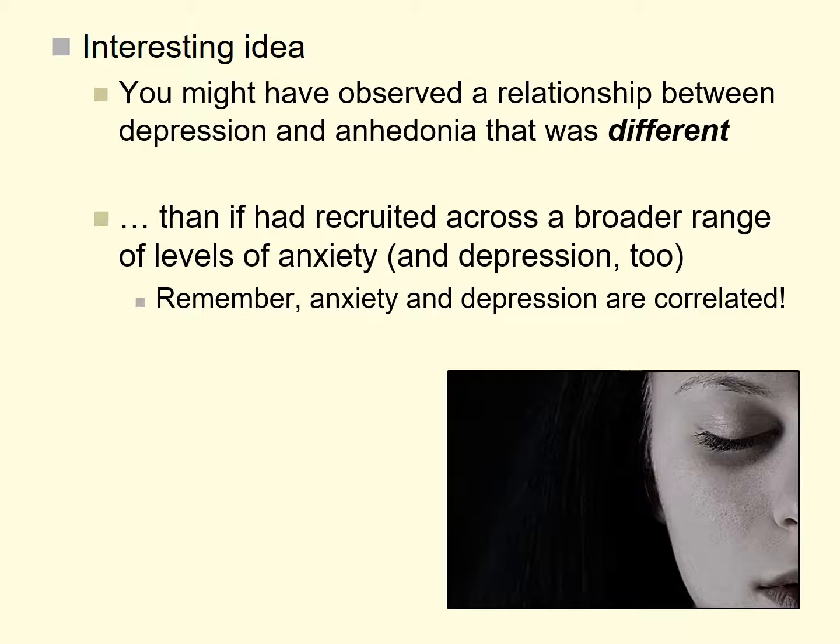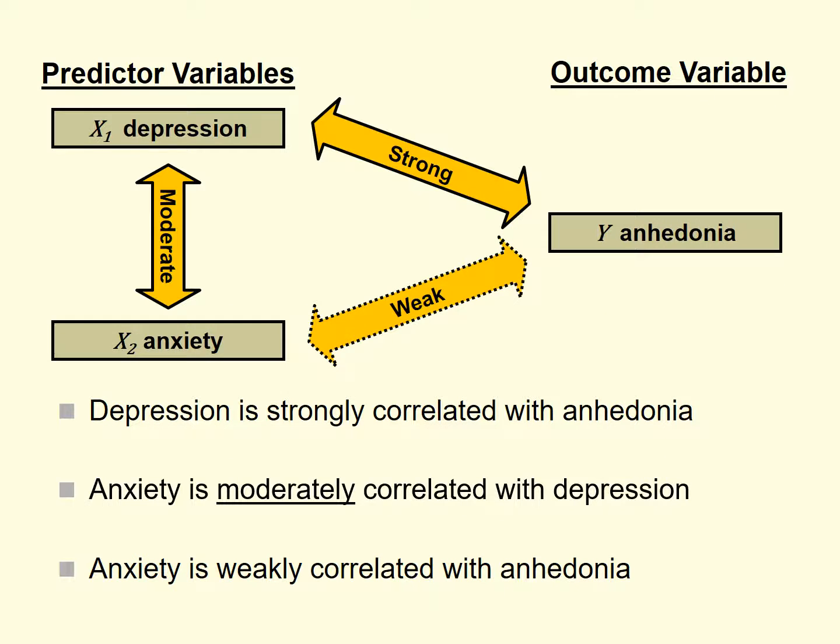And it's worth noting that if we'd done that, we also would have necessarily been getting a broader range of depression too, because depression and anxiety are correlated. So again, in this example, we're imagining that anxiety is moderately correlated with depression. That's not difficult to imagine because that's often the case.